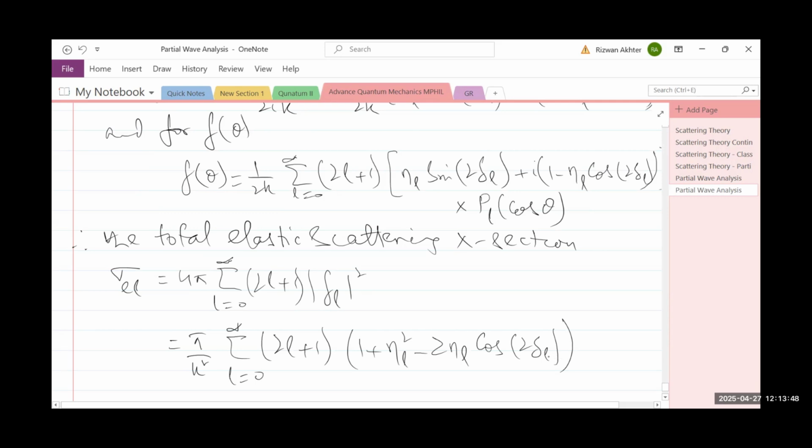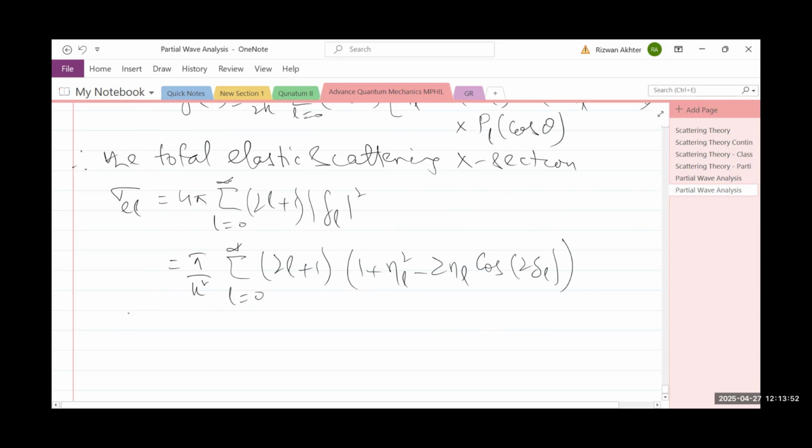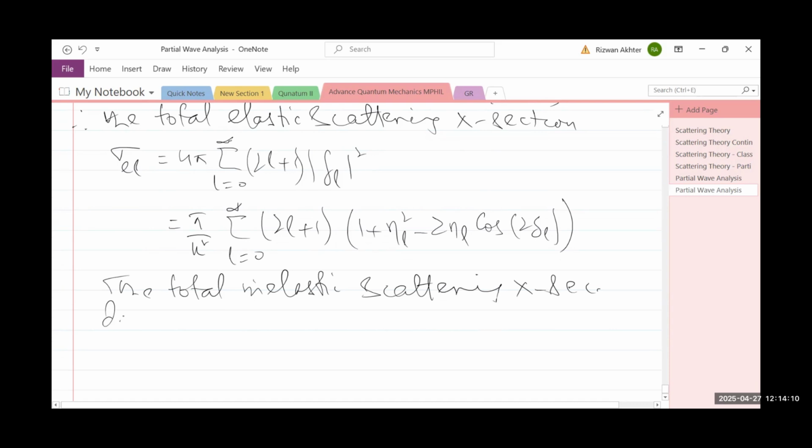And similarly the inelastic part, which is the total inelastic scattering cross section, describing the loss of flux, what will that be?